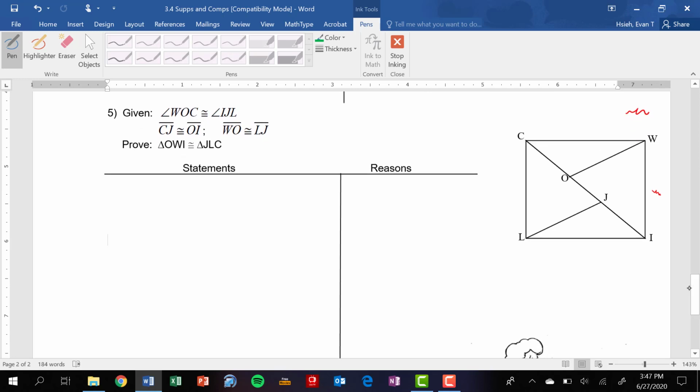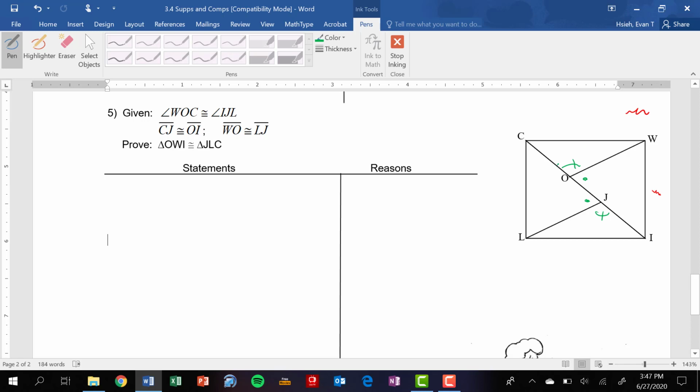Okay, let's jump down to the last proof. And so this last proof is a supplementary proof. That's why I put this on here. So it says that WOC is congruent to IJL, which hopefully means that you can see that these two have to be congruent because they're supplementary to the congruent angles.